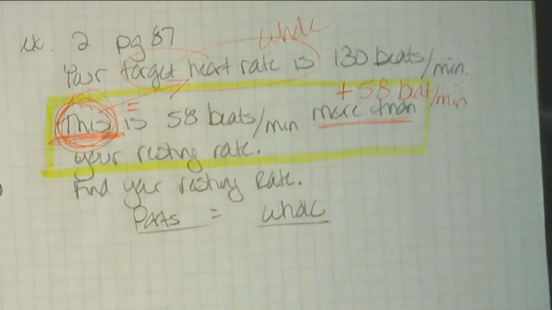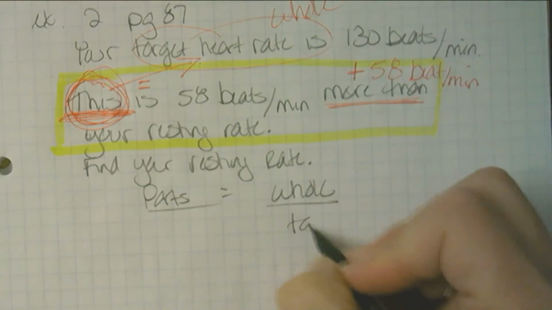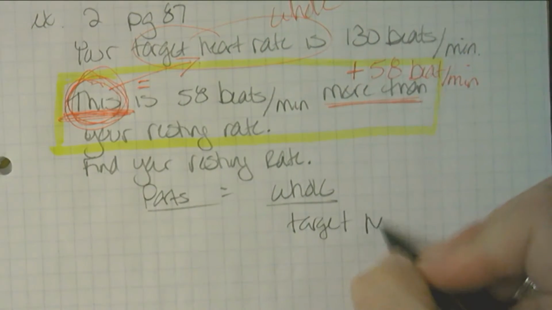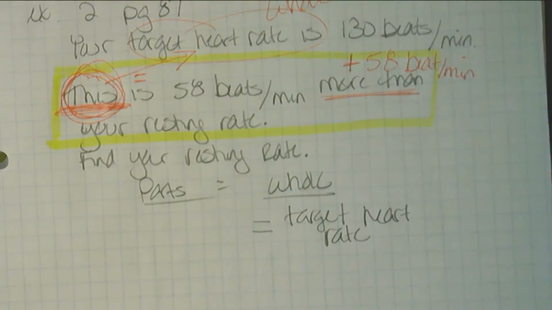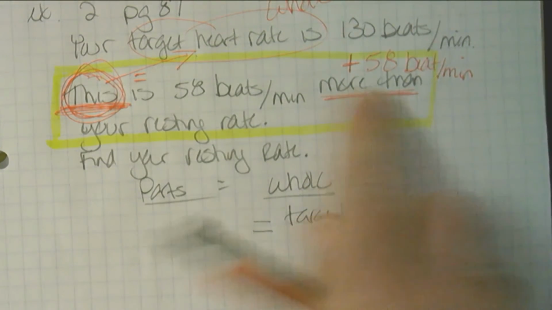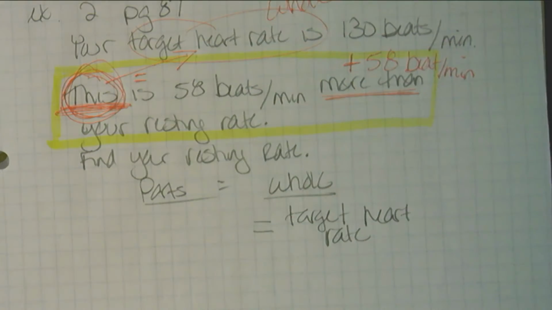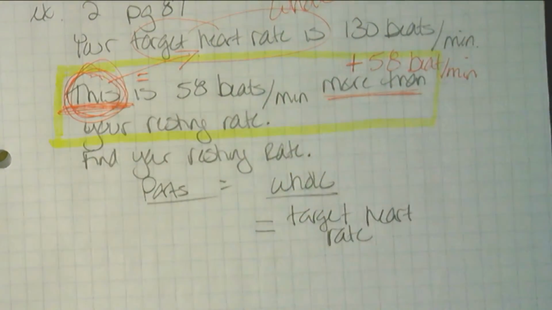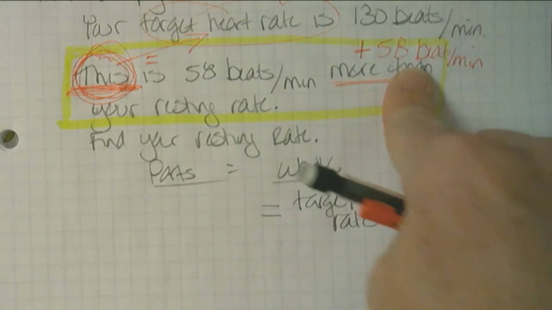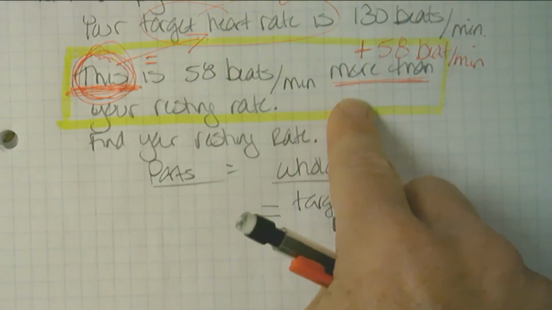Because it's all by itself on that one side. Alright, so I'm going to say target heart rate equals. What am I adding that 58 beats per minute to? It says 58 beats per minute more than your resting rate. What am I adding this to? Read this sentence. Come on, you guys.